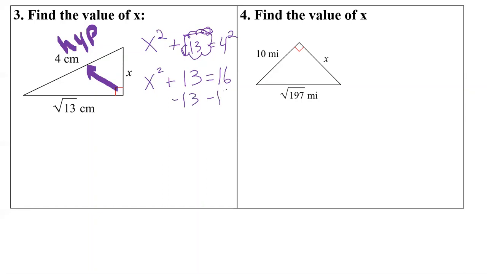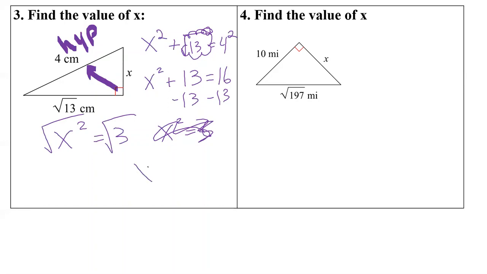Subtract 13 from both sides. X squared equals 3. Sorry, let me write that again. X squared equals 3. We take the square root of both sides, and x equals 1.7. That's our final answer.